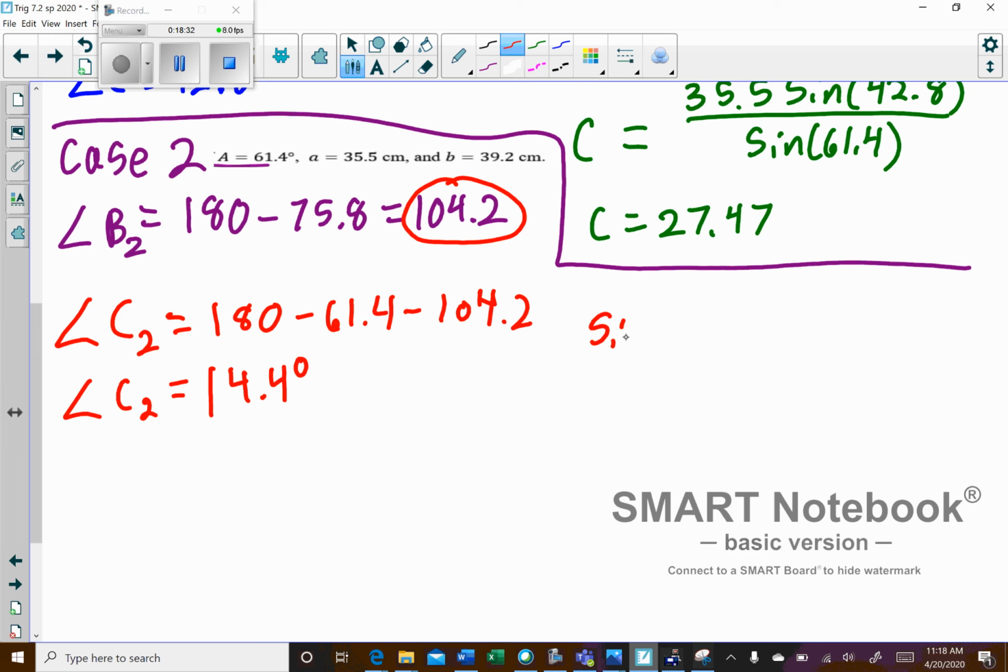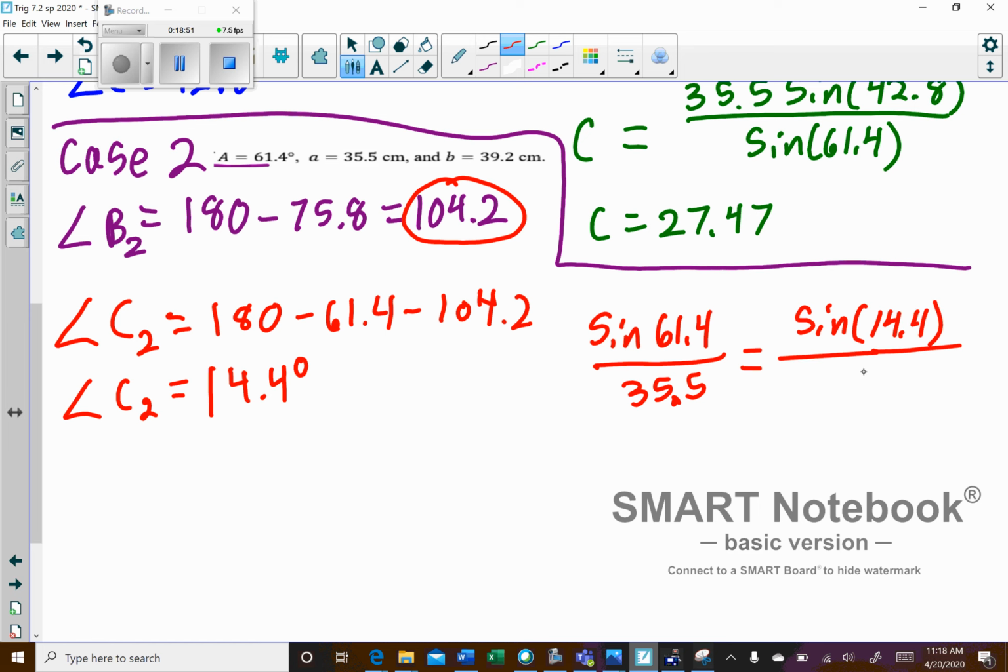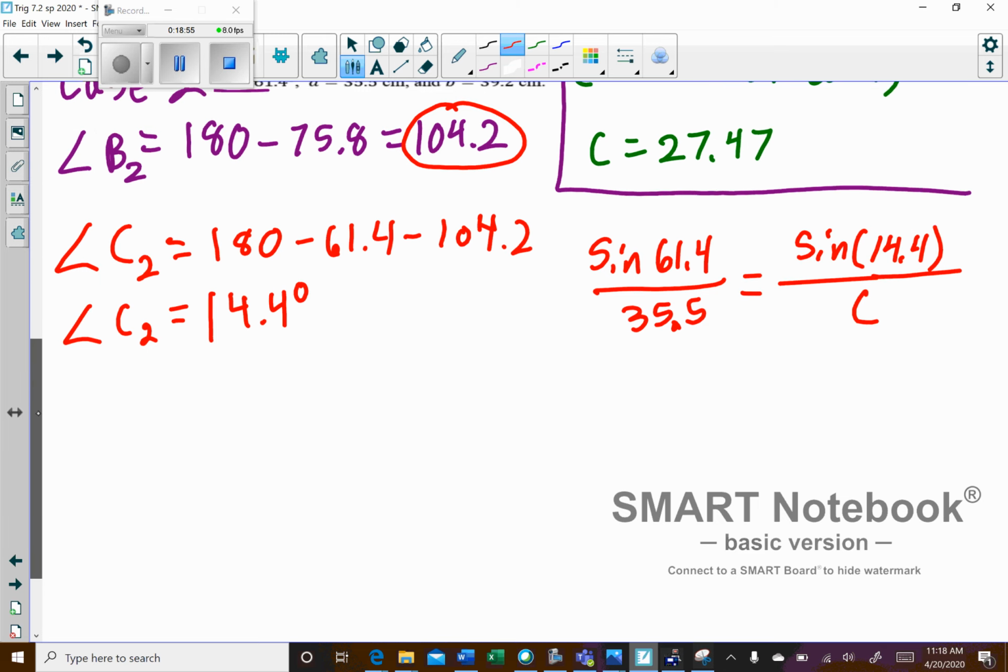So sine of 61.4 over 35.5 equals, and now we're dealing with C again, sine of 14.4 over side C, which I don't know for my second case.